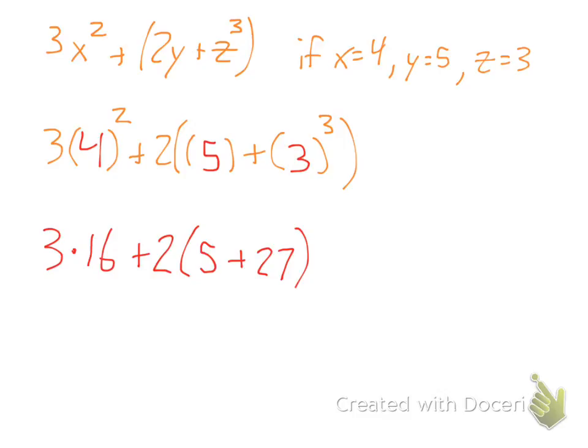3 times 16. What is 3 times 16? 16, 32, which makes then 48. Plus, notice, the 2 still stays, and 5 plus 27. 32.